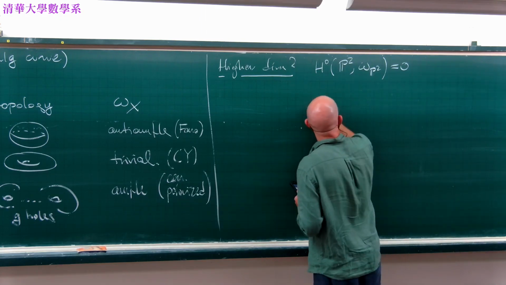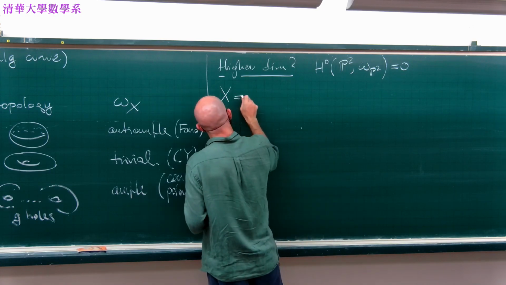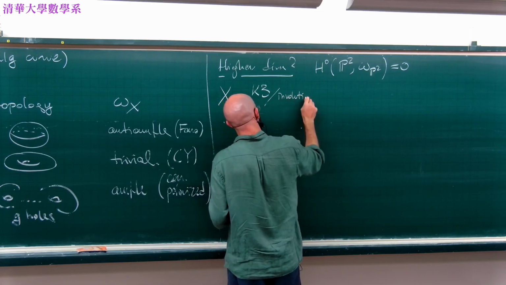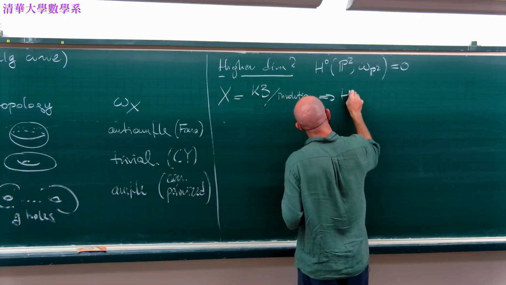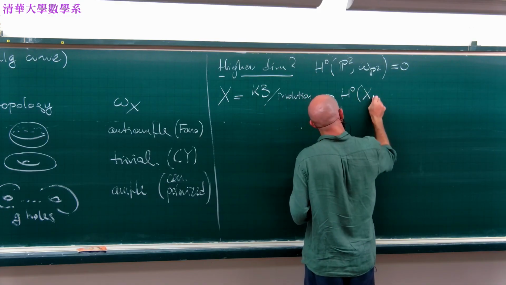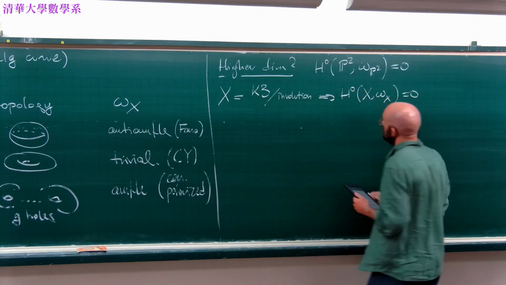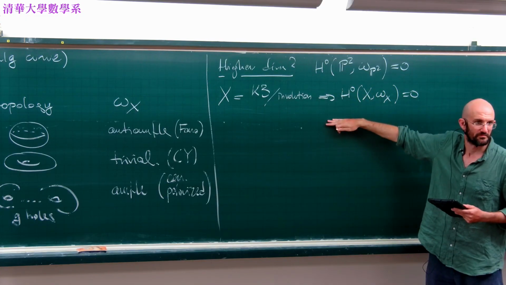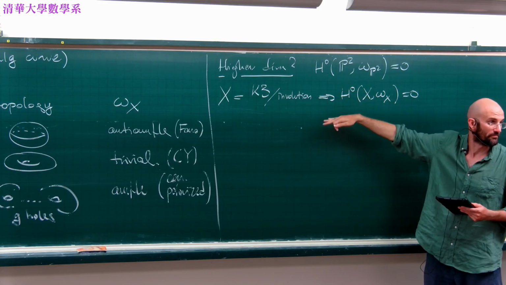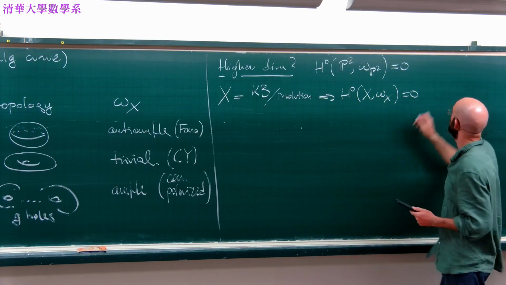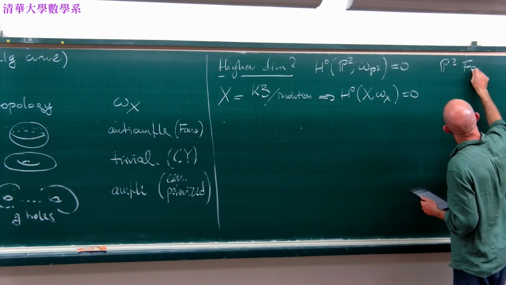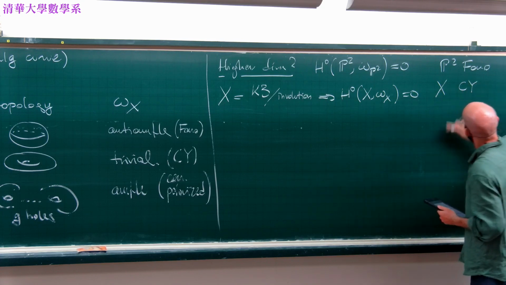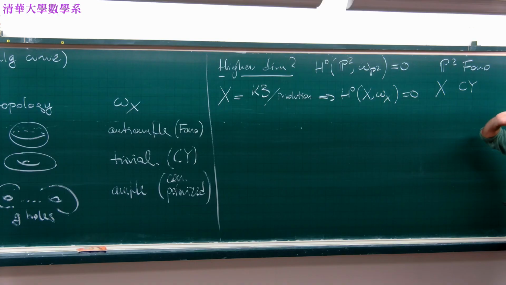And if you take X to be an Enriques surface, so this is a K3 modulo an involution, then you also have that H^0 of omega X is 0. So if you just look at the genus of these two surfaces, they are the same. They both have no non-trivial canonical form. However, they are very different. P2 is Fano, but the Enriques surface is Calabi-Yau. So this is negatively curved and this is flat in some suitable sense.